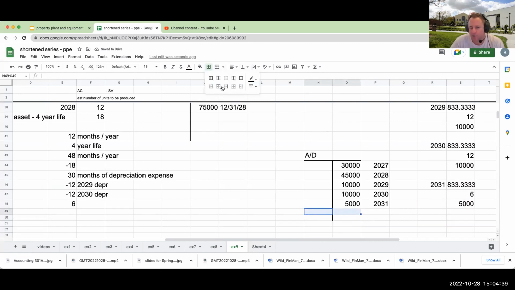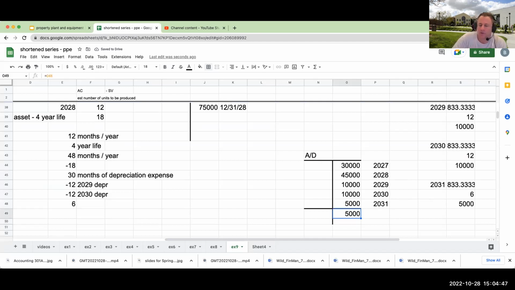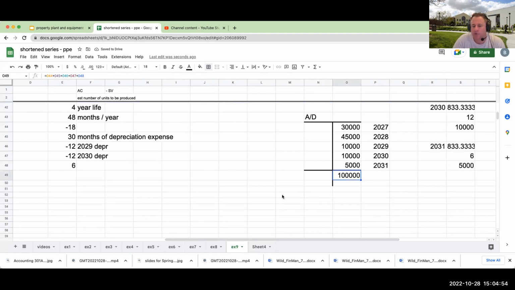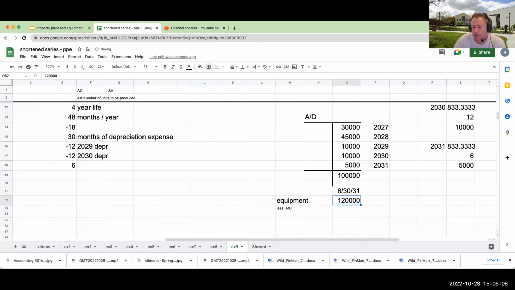How do I know if I've computed the right amount? Well, I've got 30,000, 45, 10, 10, and 5, so I've got 100,000. If my equipment cost me 120,000 initially, less accumulated depreciation through 6/30/31 of 100,000, my net book value is 20,000, which happens to be the salvage value.